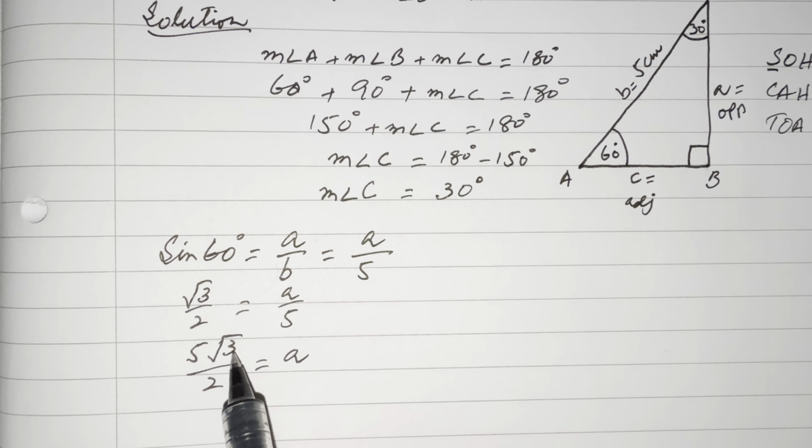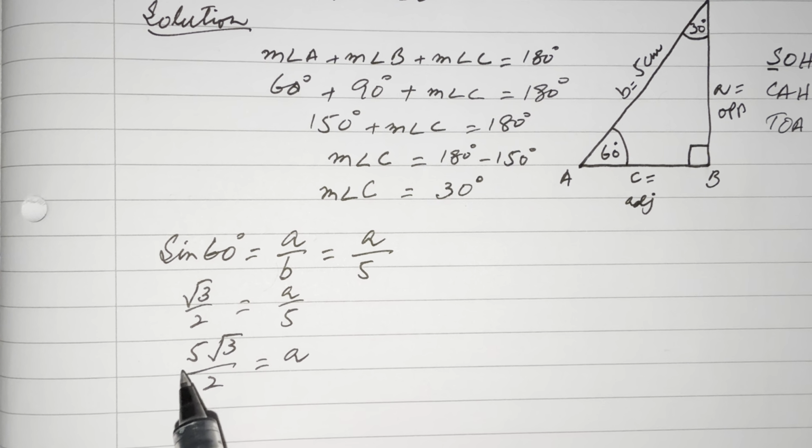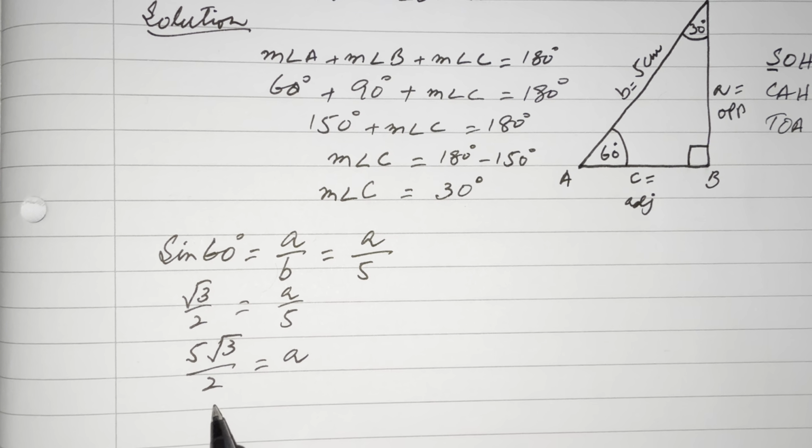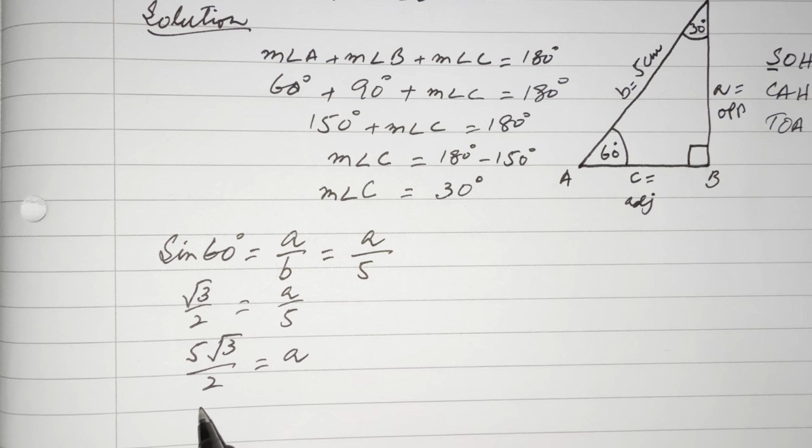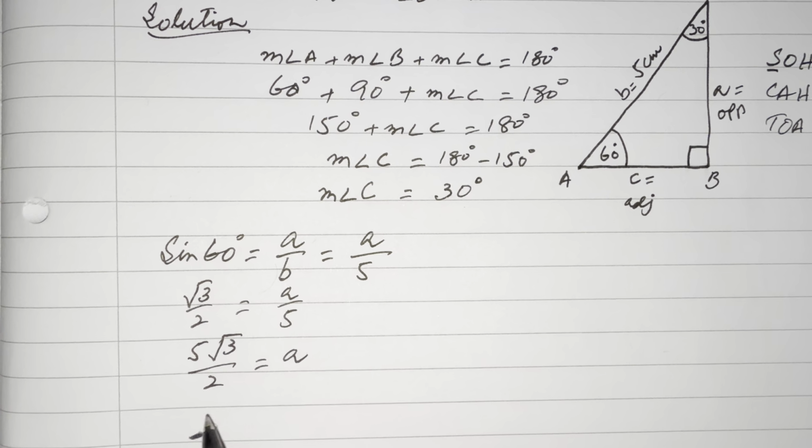First we take the under root of 3, then multiply by 5 and then divide by 2. That will be equal to approximately 4.33.